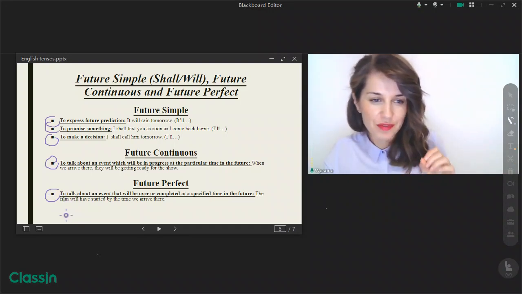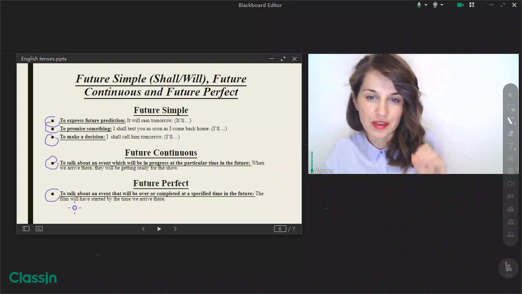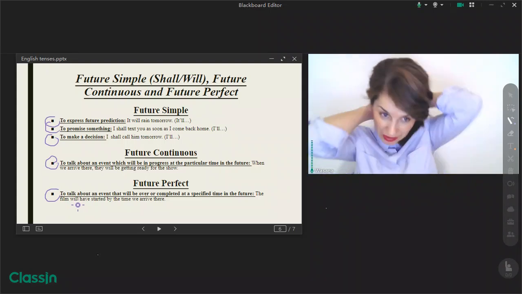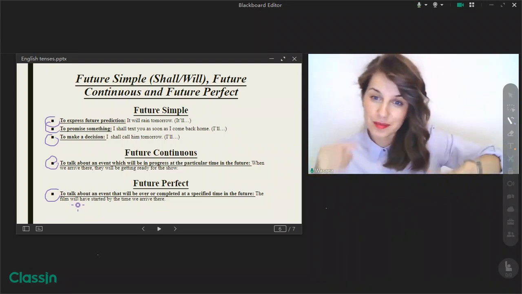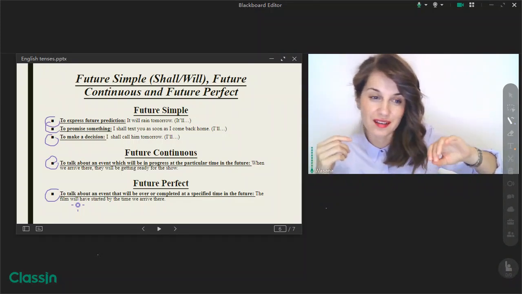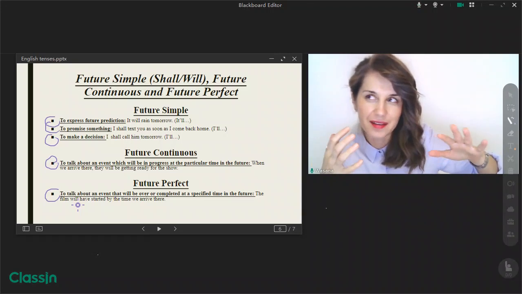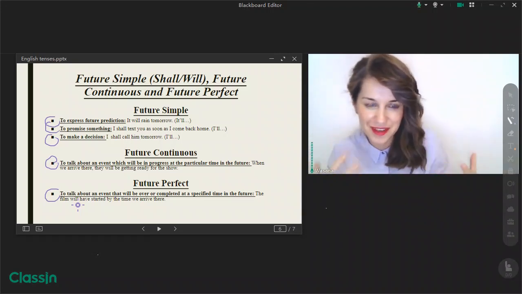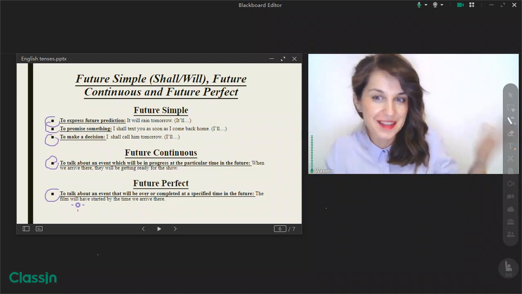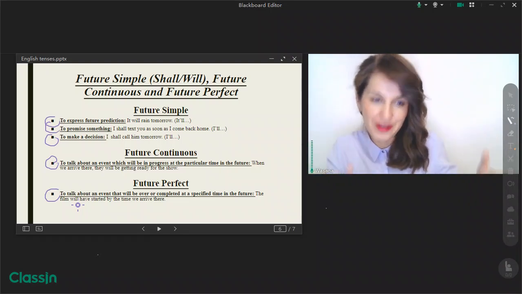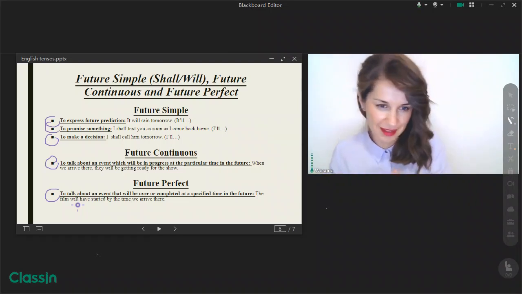The film will have started by the time we arrive there. So it means we arrive, but the movie will actually have started. It sounds weird, but when we arrive at the cinema, the film will already have started.